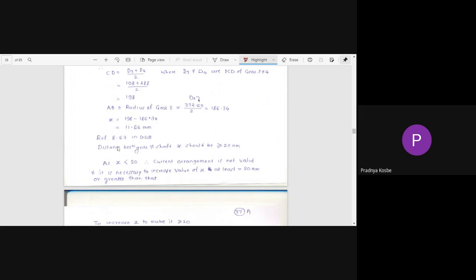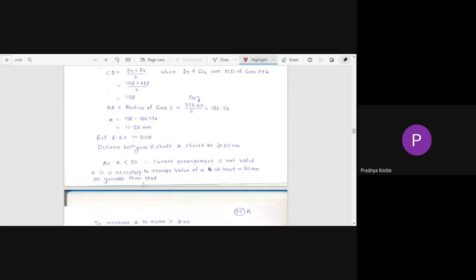Okay. Then next, from reference 8.63 in the design data book, the distance X between gear and shaft should be greater than or equal to 20 mm. So this is the thumb rule. But here, how much have we calculated? It is less than 20 mm. So the current arrangement is not valid.